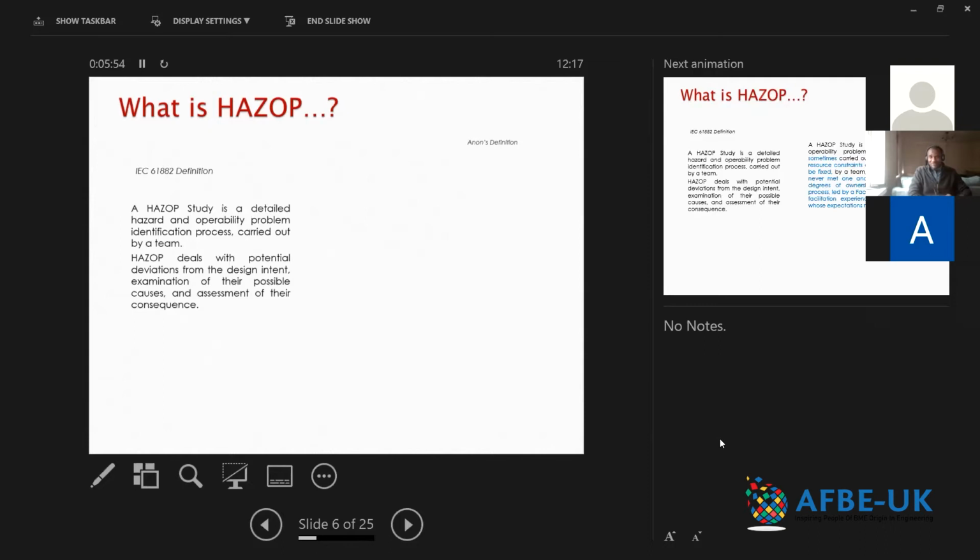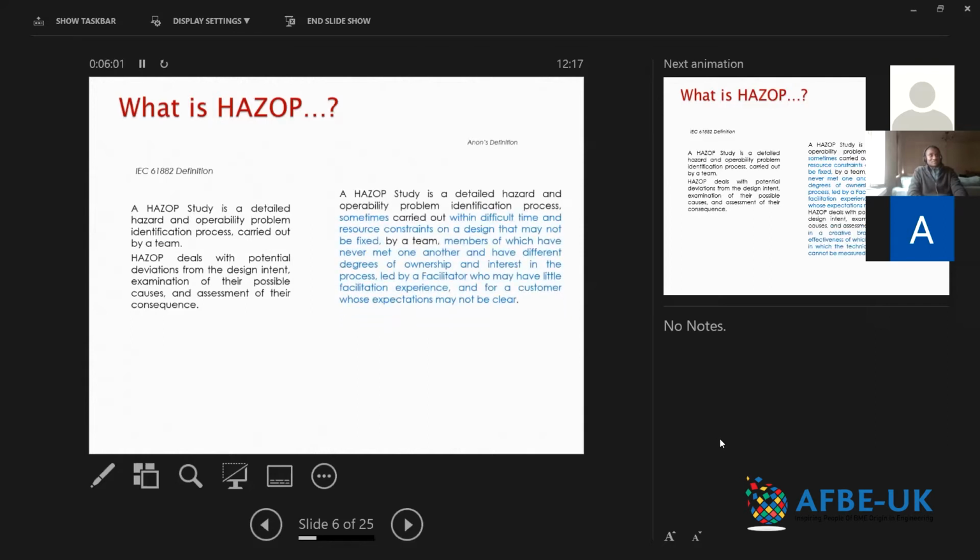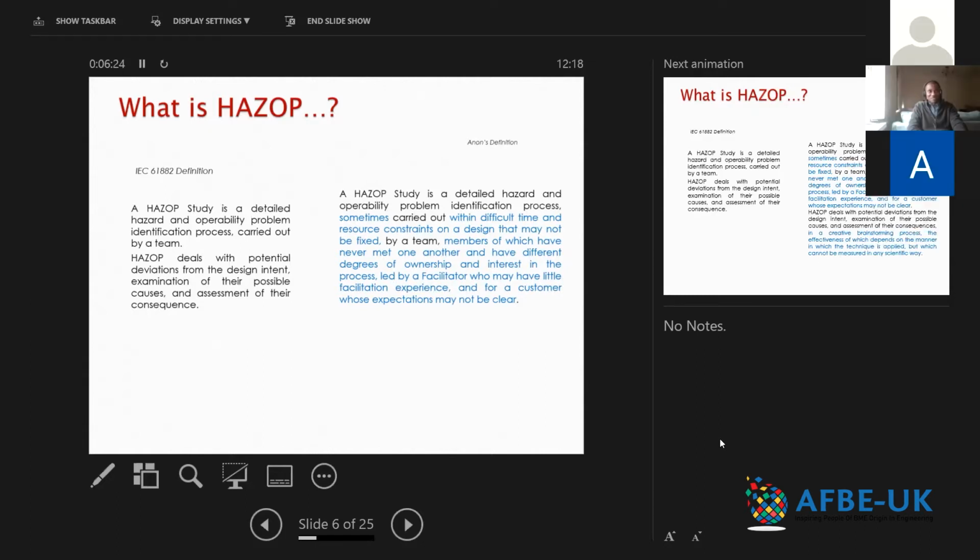Now, there is another cheeky definition of a HAZOP, which someone has given in the past. Someone has defined a HAZOP as a detailed hazard and operability problem identification process, sometimes carried out within difficult time and resource constraints on a design that may not be fixed, and by a team, members of which have never met one another and have different degrees of ownership and interest in the process.